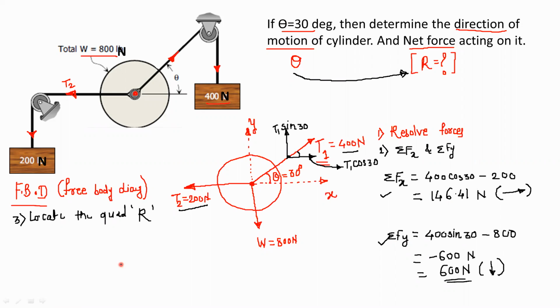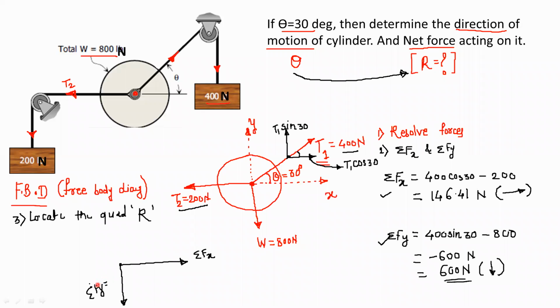So as summation Fx is positive, I will draw one vector. So this is your summation Fx. And summation Fy, it is minus 600. So it is towards the negative x direction, sorry, negative y direction. So this is your summation Fy.